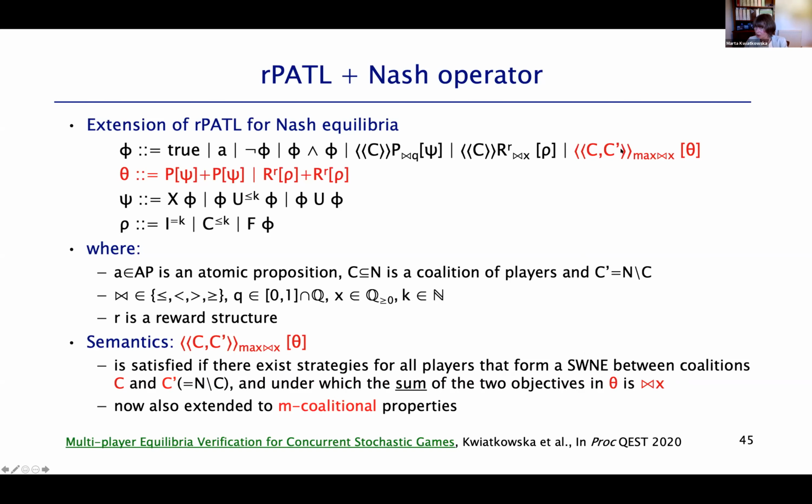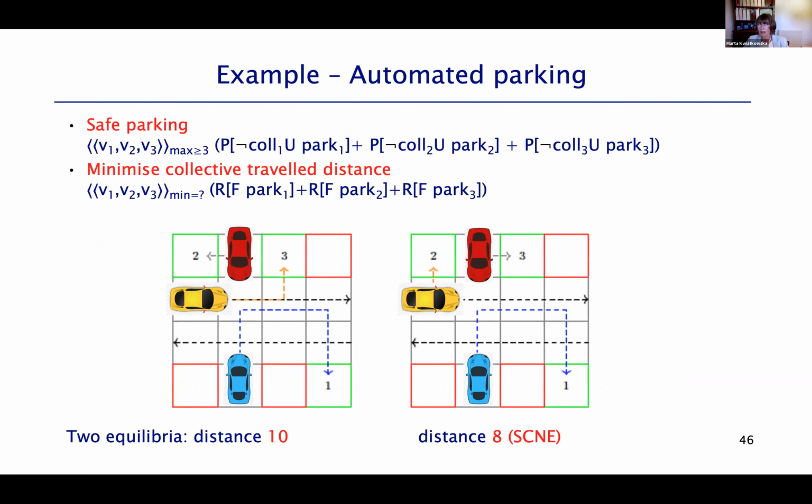Now, I'm showing you here a 2-coalitional variant, but in fact, this has already been extended to N-coalitional properties. To show you an example of how this can be used, since I started with autonomous traffic, imagine an automated parking scenario where you are in a parking lot and you have, in this case, 3 cars and traffic is restricted only to the horizontal lanes.